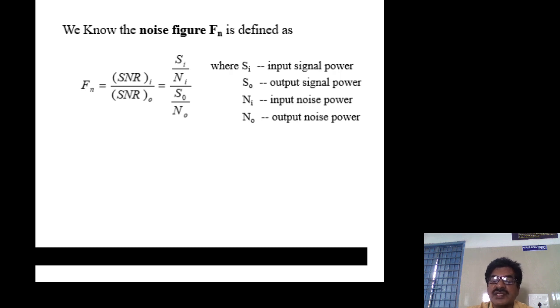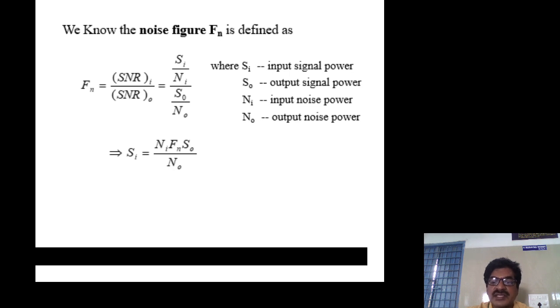From the noise figure, the input signal Si is Ni Fn S0 divided by N0.